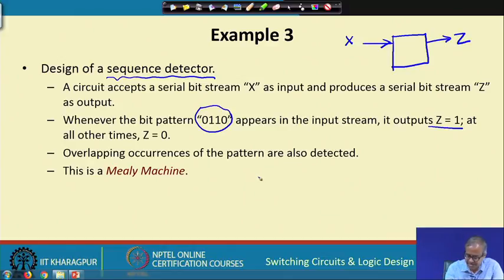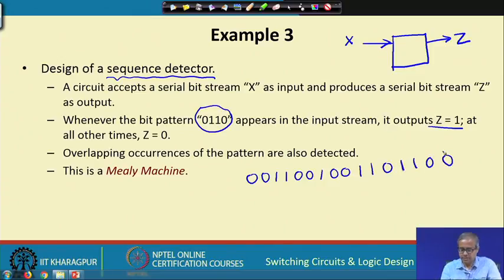So, let us take an example. Suppose my input is like this. You see this 0 1 1 0, in what places is it appearing?